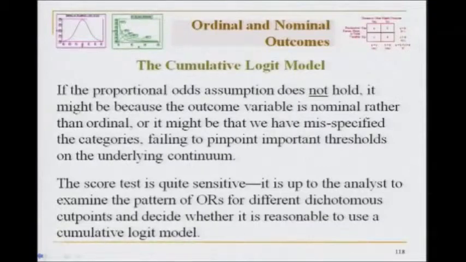But what if I think I'm making an ordinal variable, for example income, but I've started out with incorrect threshold values? What you're assuming is that those are true threshold values on the ordinal scale that mean something. And so here's the point about the score test being sensitive.